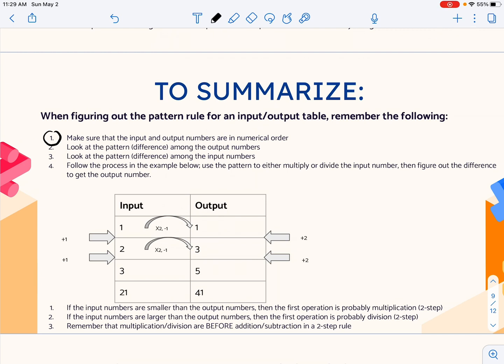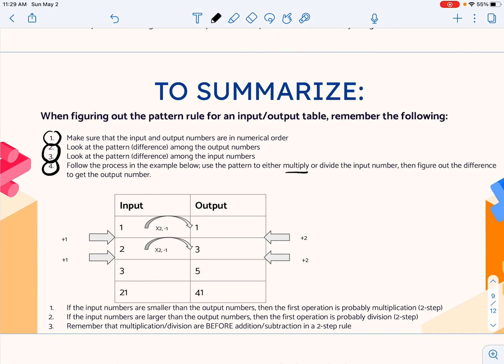Sometimes they're not in order, but arrange them in order. So if it's a matter of rewriting your t-table, go ahead and do that. So you're going to do steps 2 and 3 all the time. And you don't always have to write out the pattern or the difference among the input and the output, but it's helpful. If you look at step number 4, you're going to follow the process in the example below.